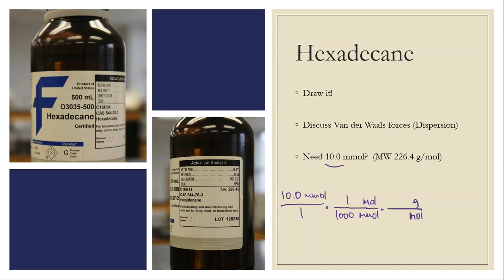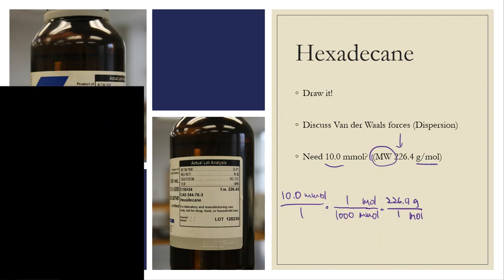And in order to do this, I need a relationship between gram and mole. Well, gram and mole is related by the molecular weight of the compound, and it's 226.4 grams per mole. All right, so 226.4 grams divided by 1, because that's per 1 mole. I mean, that's what it's understood to be.